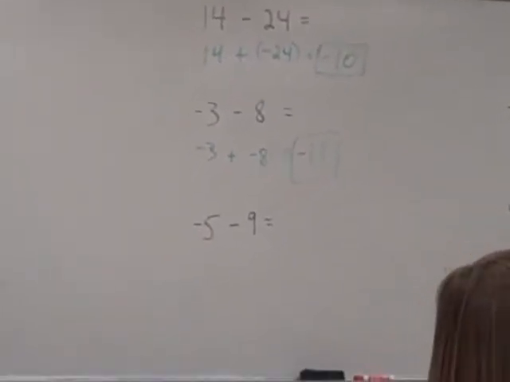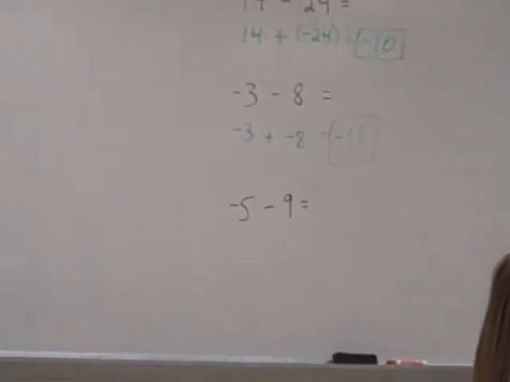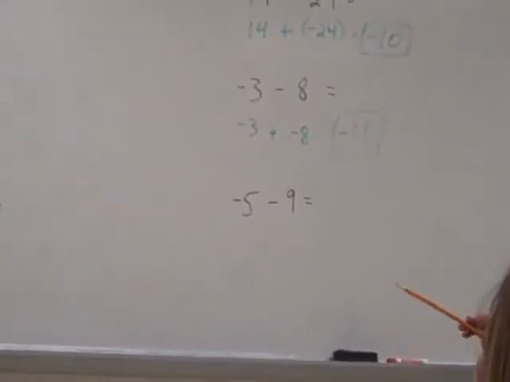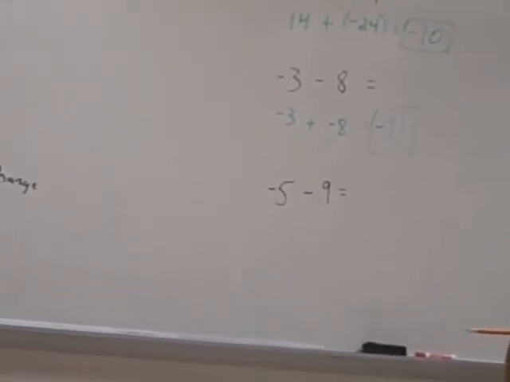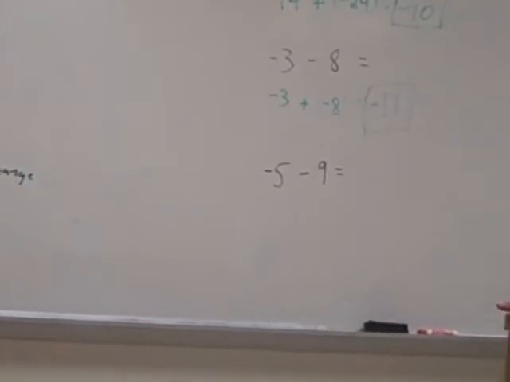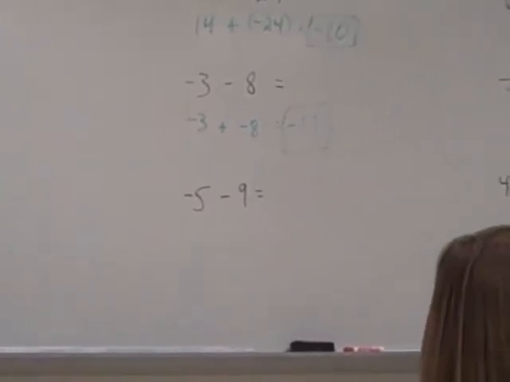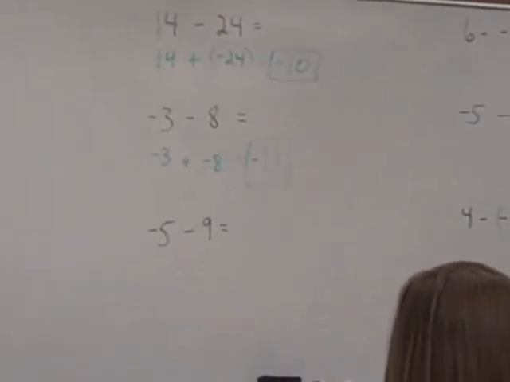Alright, one more of this style. -5 minus 9. You confused, Raina? Hold on. Before you ask, why don't you just walk me through this one, and then we'll do one of these. Because I think your question is going to be about these, right? Yeah, when there's 2 of them. Okay. So -5 minus 9.